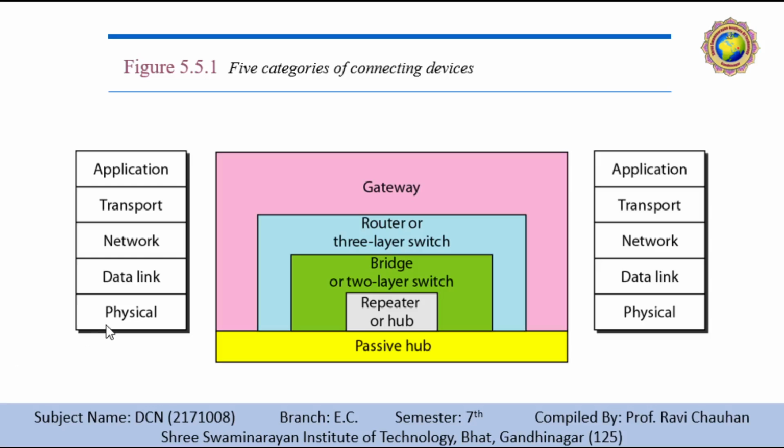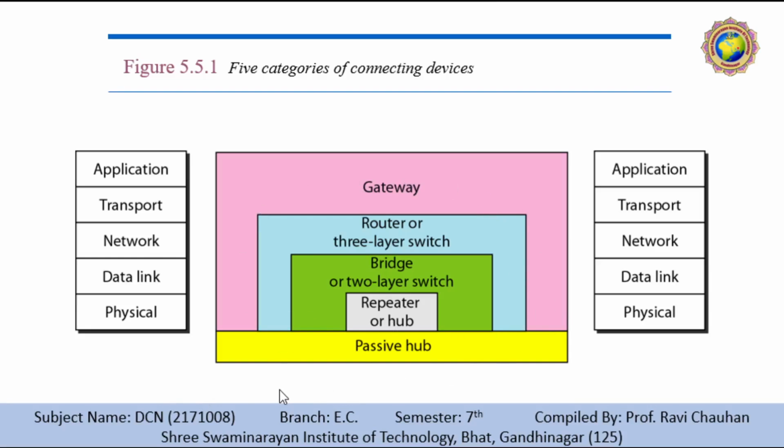The 5 categories contain devices which operate below the physical layer, such as a passive hub; those which operate at the physical layer, called a repeater or an active hub; those which operate at the physical and data link layers, called a bridge or a 2-layer switch; those which operate at the physical layer, data link layer and network layer, called a router or 3-layer switch; and those which operate at all 5 layers, called a gateway.